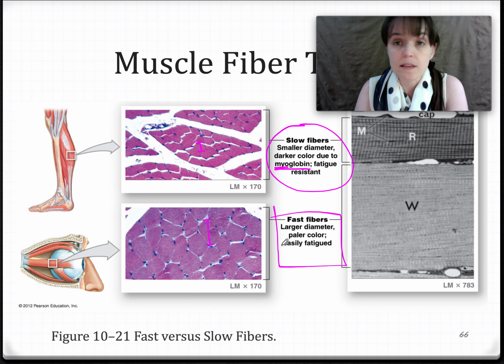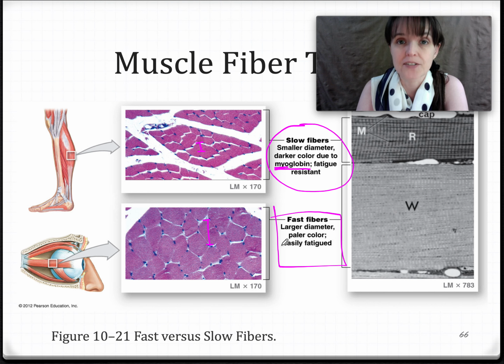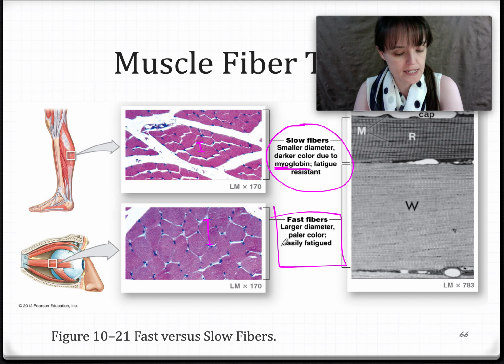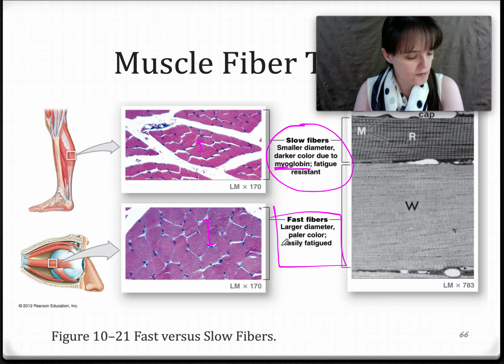They have a low fatigue resistance, which means they do not resist fatigue, which means they get tired fast. The color is white. The myoglobin content is low. Blood supply is scarce, few blood vessels. Mitochondria are few, and the glycogen reserves are large.